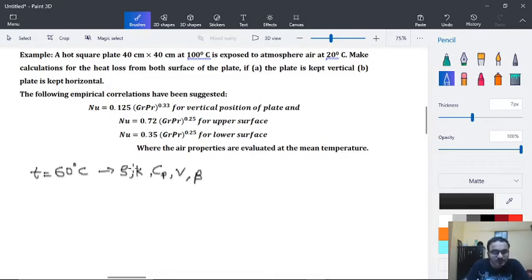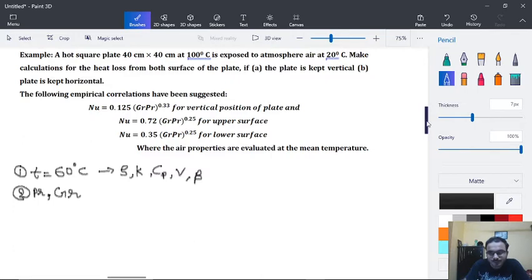These will either be given to you in the question, which is not part of this question, or you can obtain these values from the data book. Now our first step is this. Second step will be to obtain the Prandtl number Pr and the Grashof number Gr.